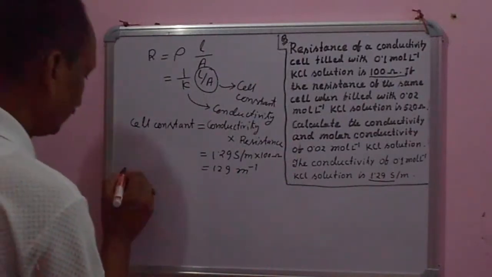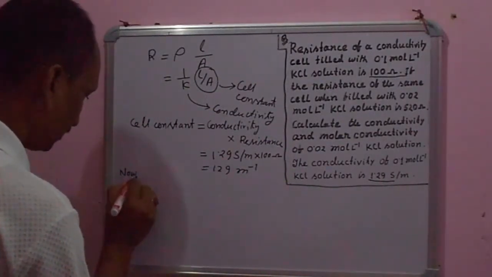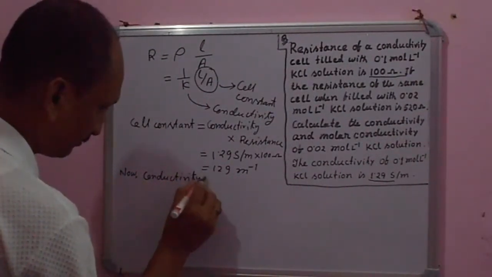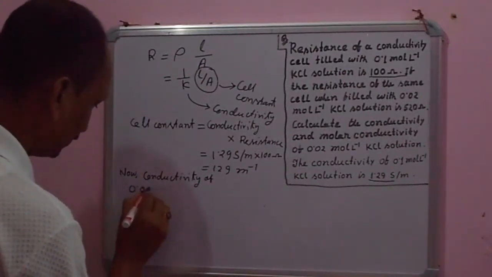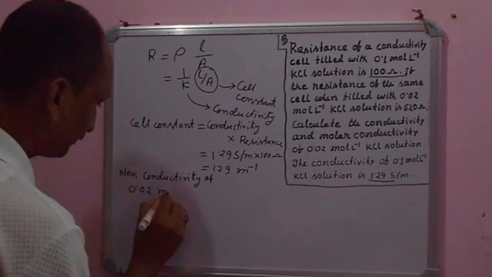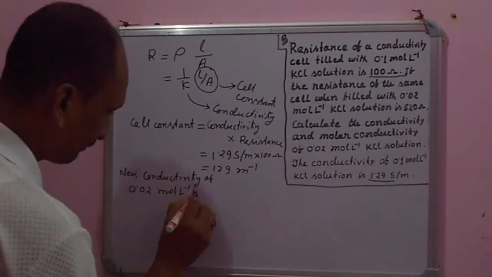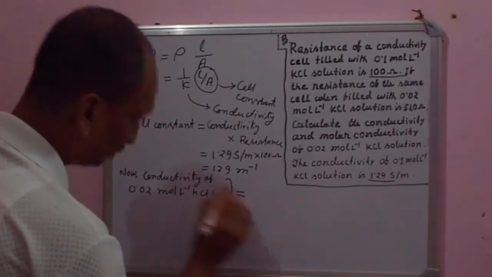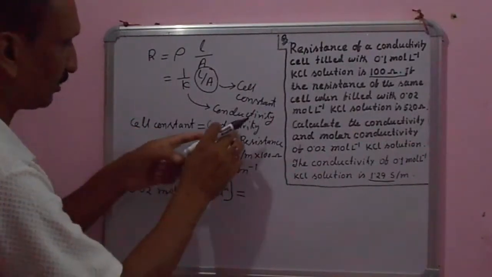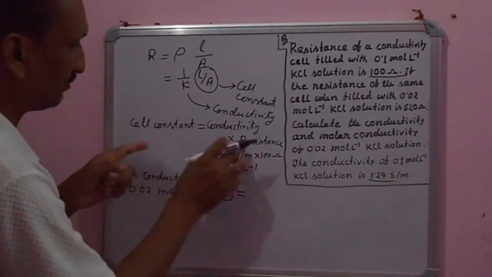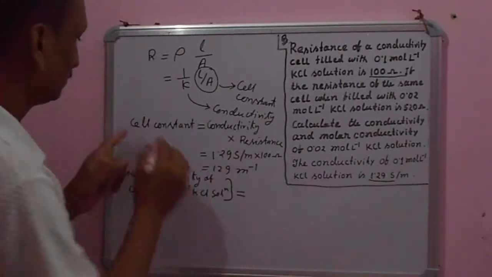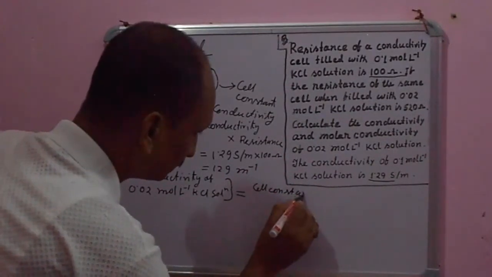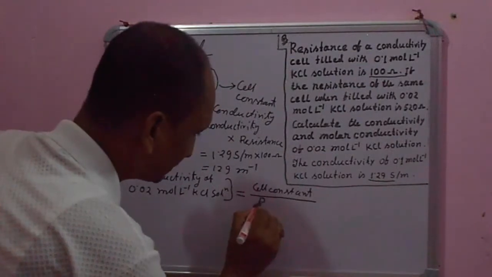So now the conductivity of 0.02 mole per liter KCl solution will be equal to the cell constant divided by resistance.